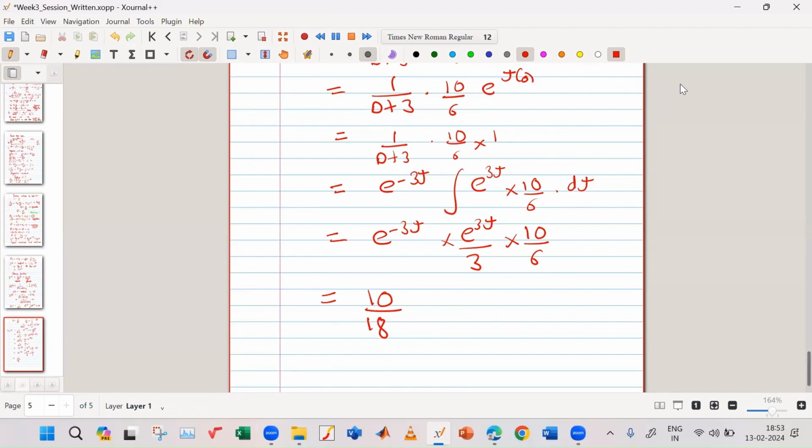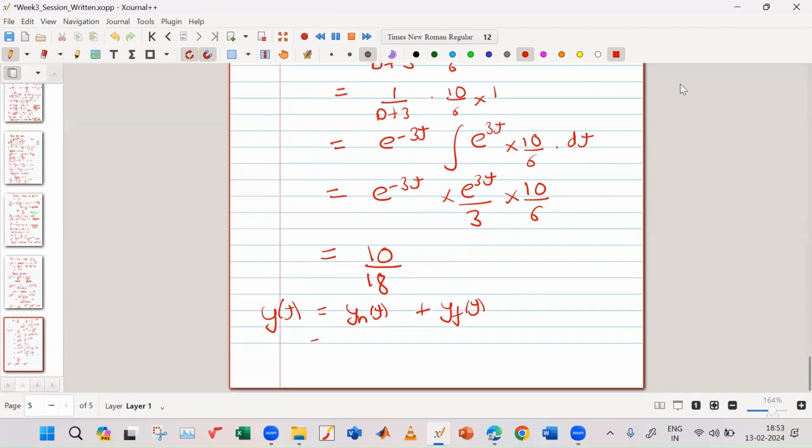So this is my forced response. Now my total response will be natural response plus forced response: B1 e raised to minus 3t plus B2 e raised to minus 6t plus 10 upon 18. That is how you find the complete solution.